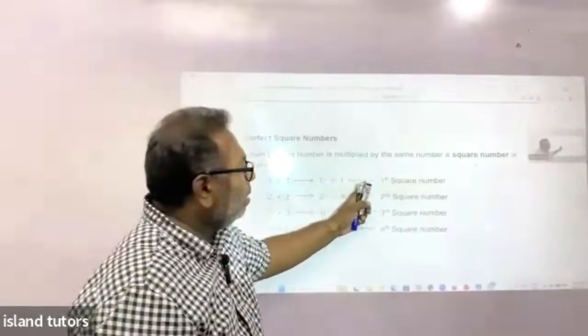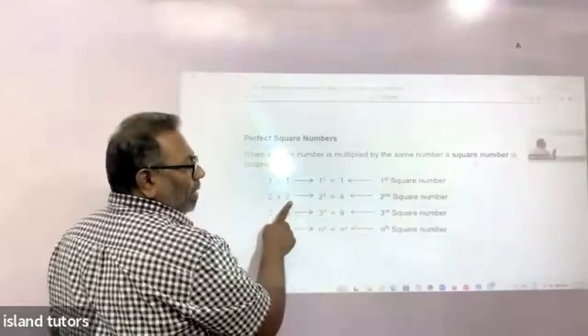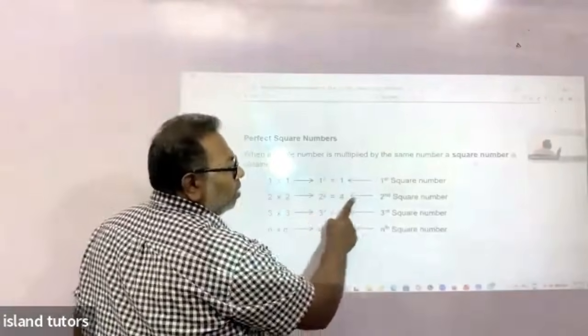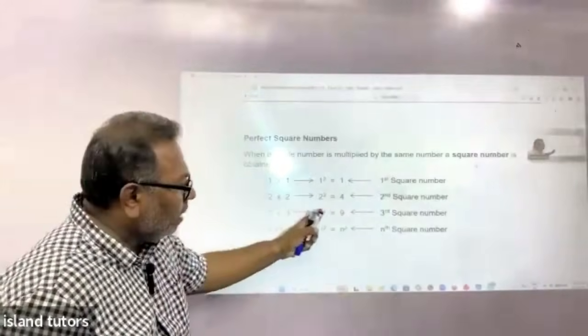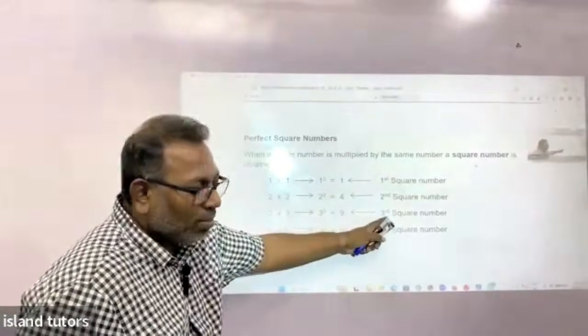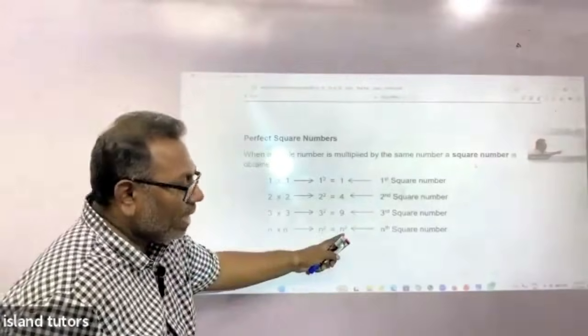Therefore, you're getting 1. So this is your first square number. Then 2 multiplied by 2 is 4, your second square number. 3 multiplied by 3 is 9, the third square number. N into n, n squared.